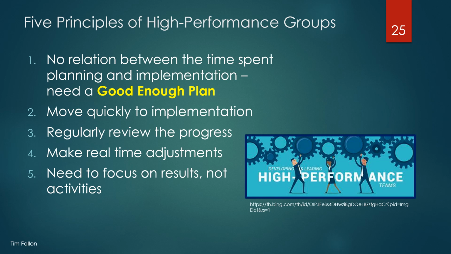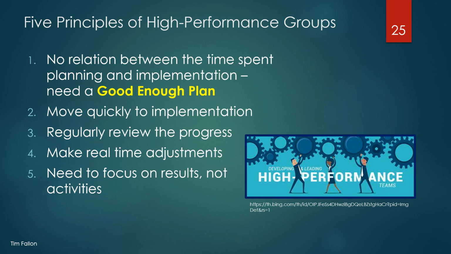4. High performance groups made real-time adjustments to their strategic plans. Some things will work, others will not. The world or environment in which an organization lives is constantly changing. The major point is that organizations need to adapt and change, or their strategic effectiveness will die. 5.